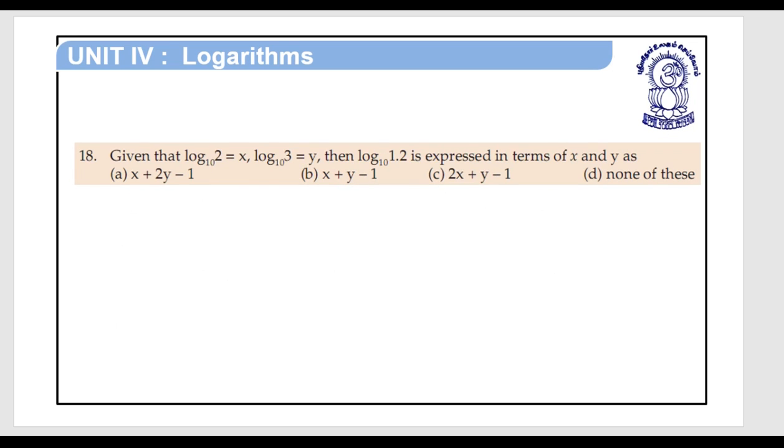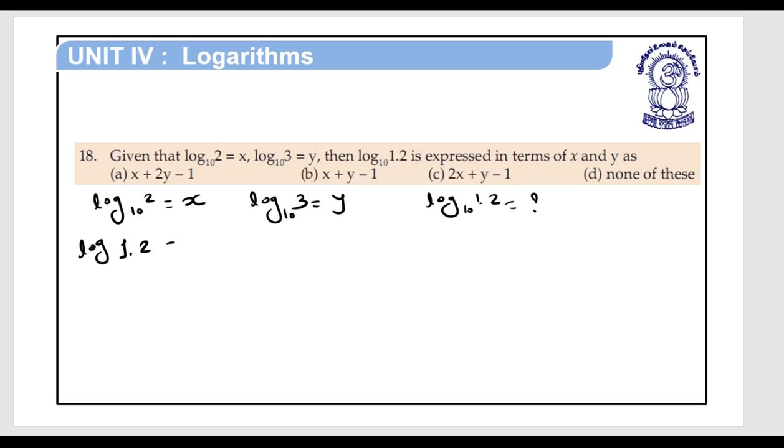Next, given that log 2 to the base 10 is equal to x, log 3 to the base 10 is equal to y. So find out log 1.2 to the base 10. Here log 2 to the base 10 is equal to x given, log 3 to the base 10 is equal to y is given. So find out log 1.2 to the base 10.